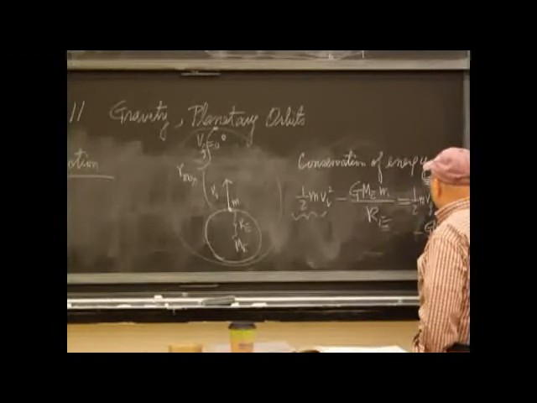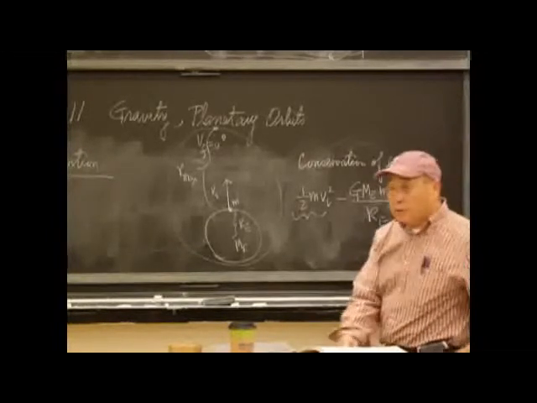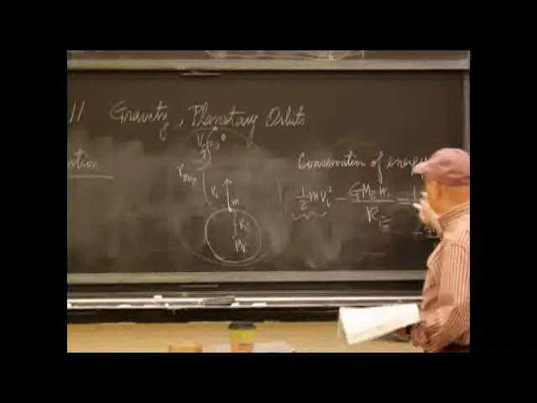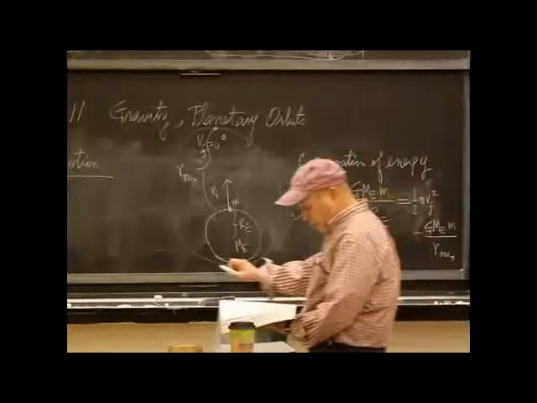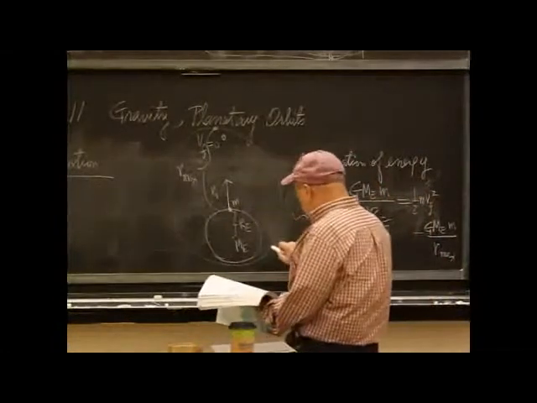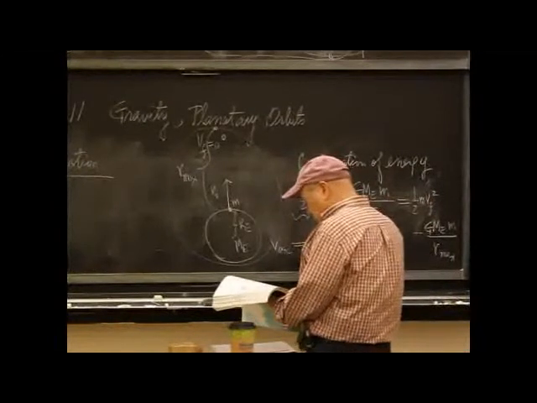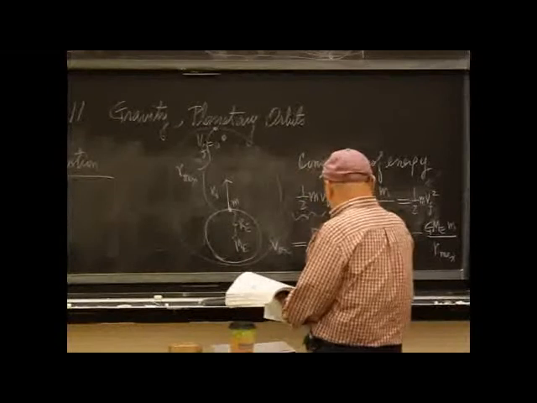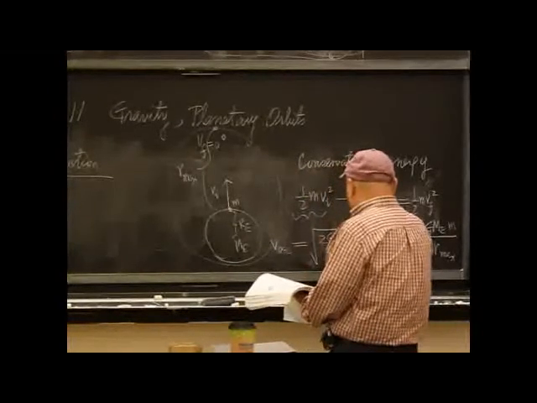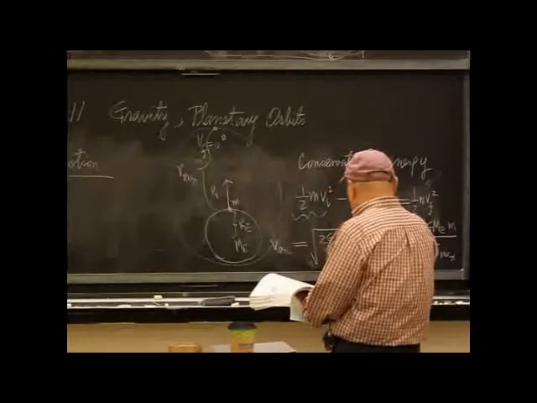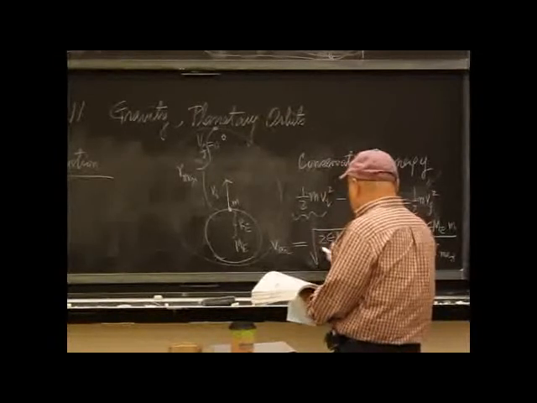This is equal to 0. All this turns out to be 0, then you can find the escape velocity equal to the square root of 2 G M_E divided by R_E.